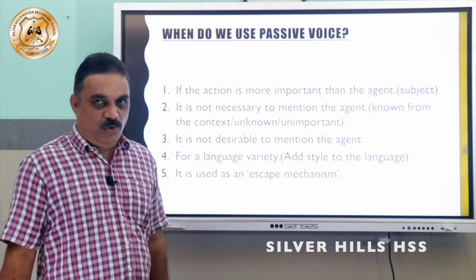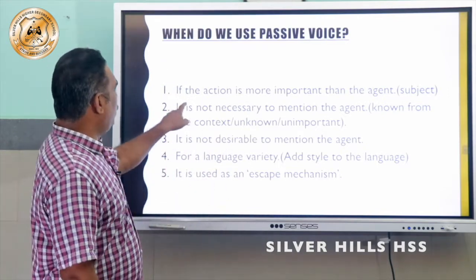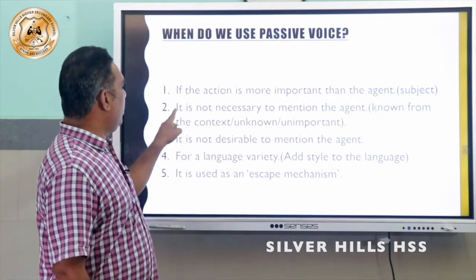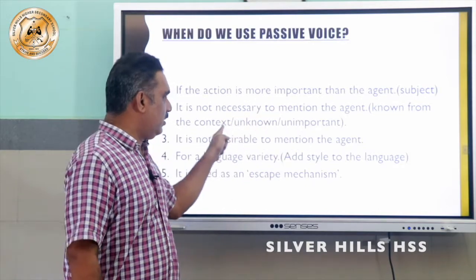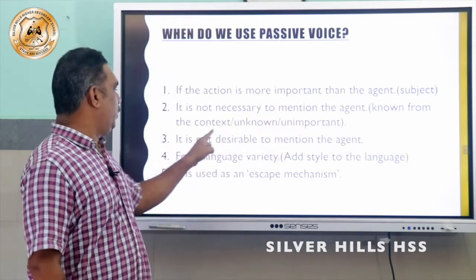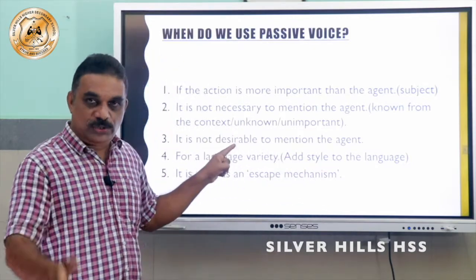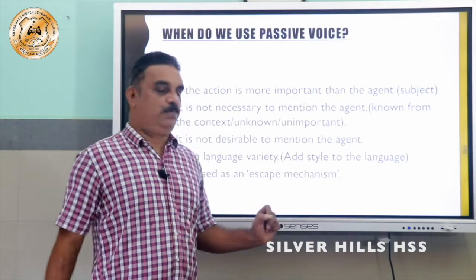So passive voice is used at this particular time: if the action is more important than the agent, and if it is not necessary or not desirable to mention the agent. With these three important contexts, for language variety, you can use passive voice.